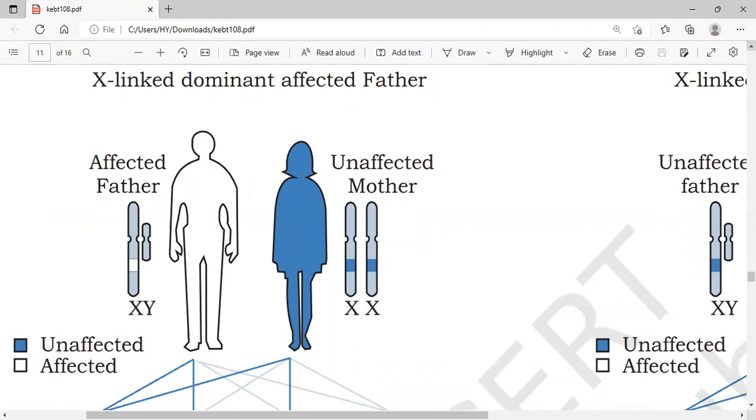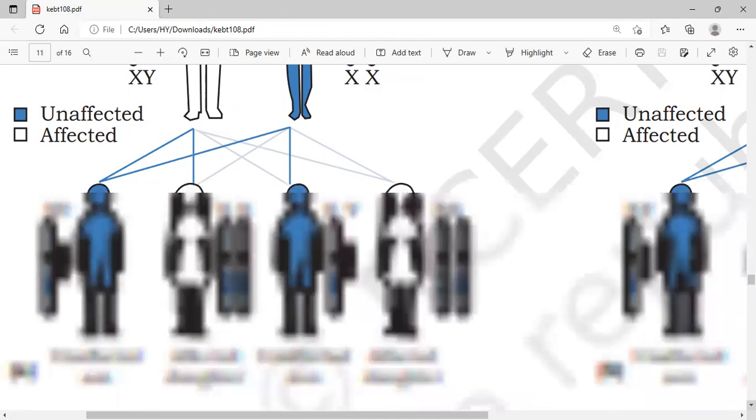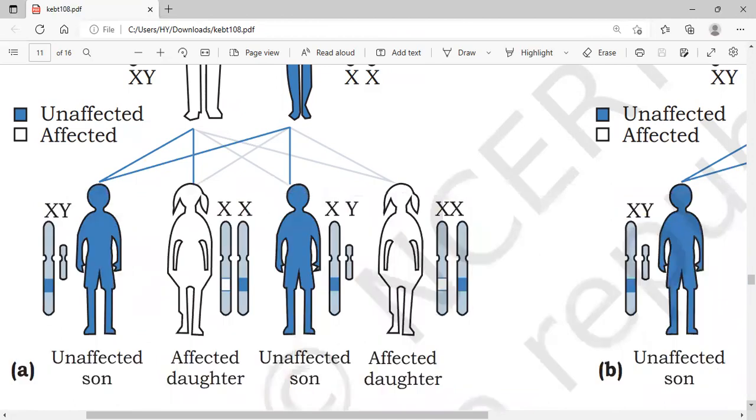If the affected father has an X-linked disease and marries an unaffected mother, the offspring will have a tendency of getting affected. One son will be unaffected, one daughter will be affected, the other son unaffected and the other daughter affected.